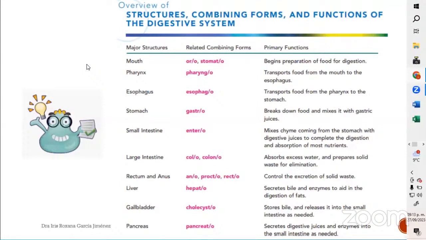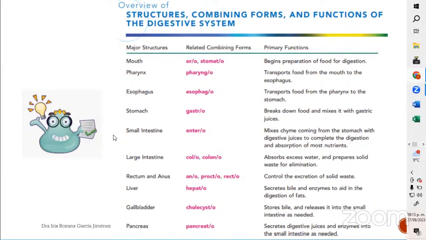Mouth or oro, pharynx, pharyngo, esophagus, esophago, stomach, gastro, small intestine, entero, large intestine, colon, rectum and anus, ano, recto, liver, hepato, gallbladder.